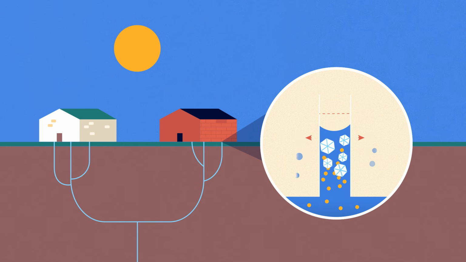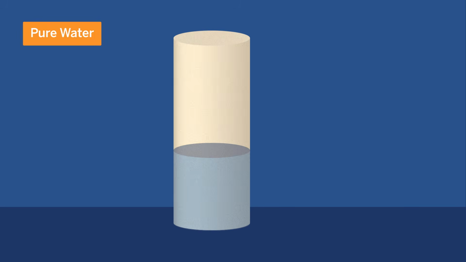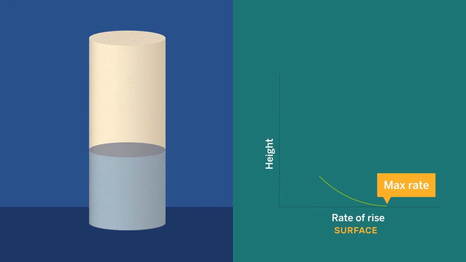This leads to an accumulation of salts, but also affects the position of the waterfront, which ultimately determines where salts may cause damage. The rate of rise is maximum at the base and decreases as the height of rise increases.